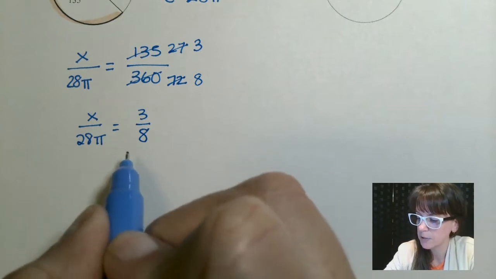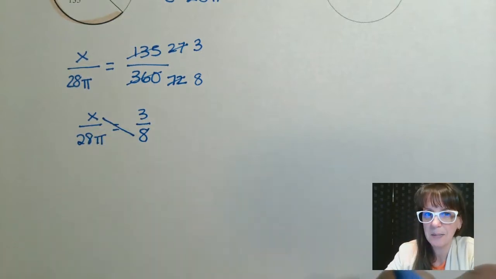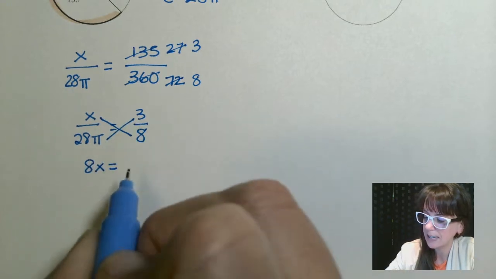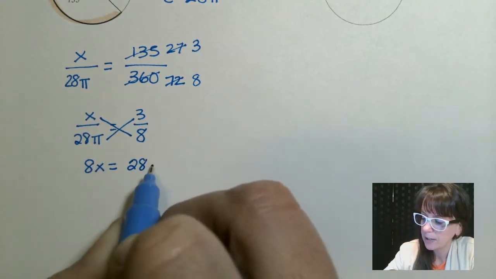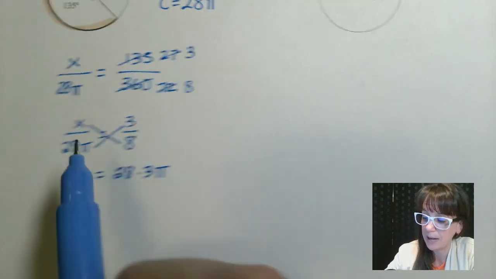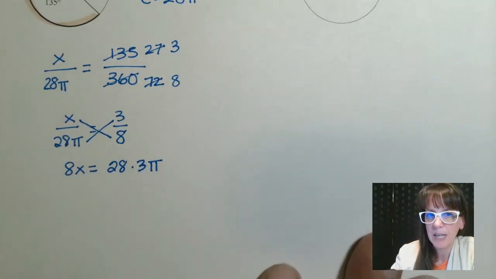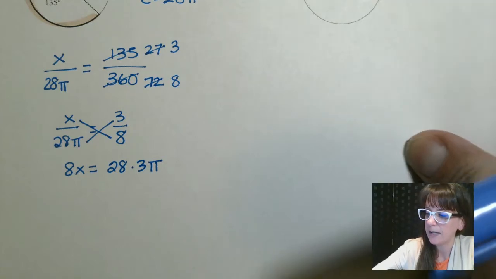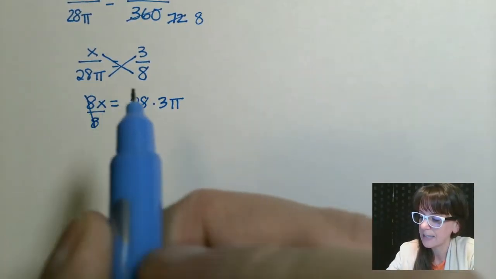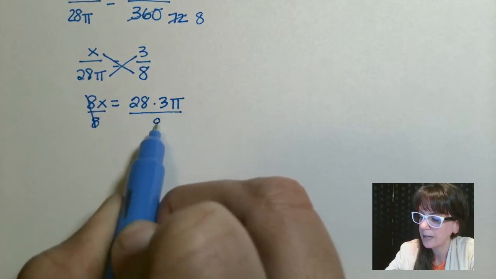So let's go ahead and cross multiply. We're going to do 8 times x gives us 8x equals 28 times 3. Now, I could do the math, 28 times 3 pi, right? But if you take a look here, if I divide this side by 8, that gets that x by itself. Divide this side by 8.